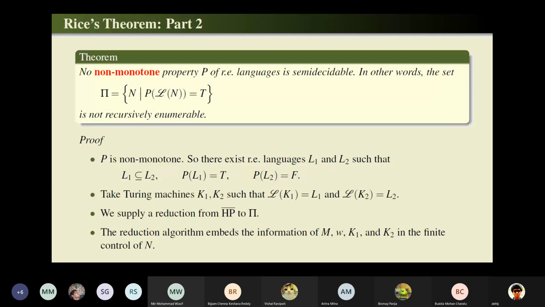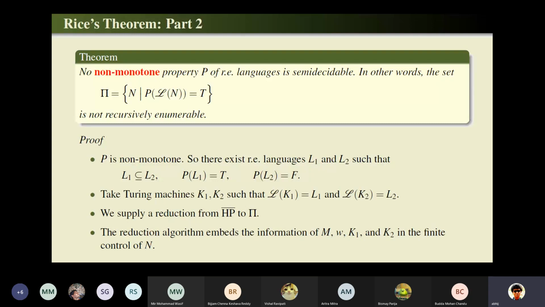This reduction algorithm will make use of the input M and W for HP complement. And since K1 and K2 are fixed machines, it will also use K1 and K2.